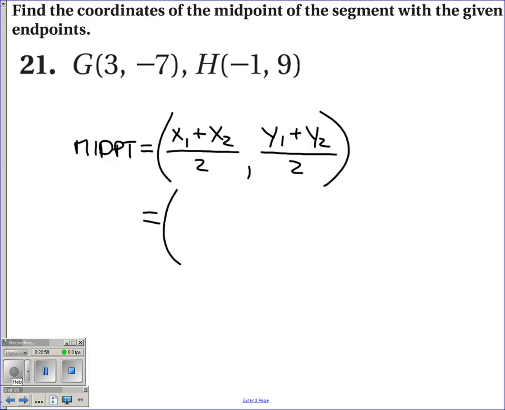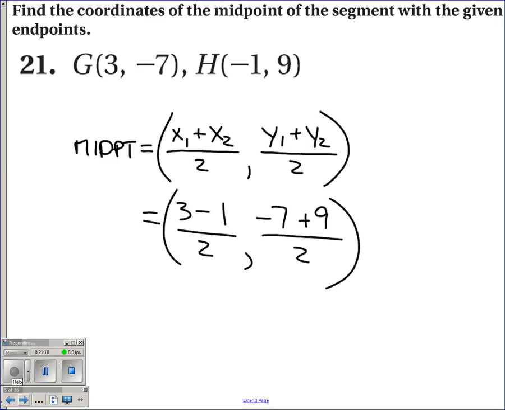So, plugging in, my x1 is 3, from the first point, plus x2 is -1. Well, we don't put plus minus, so we just put -1, divided by 2. And then for the y values, y1 is -7 plus y2 is 9, again divided by 2.